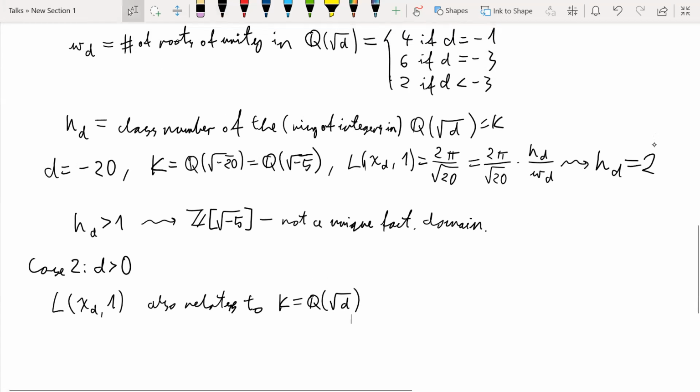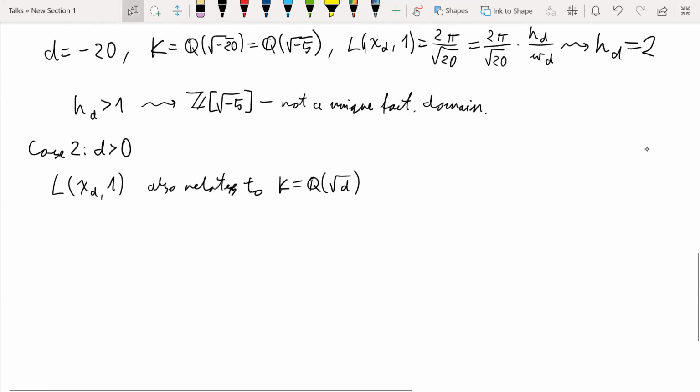So in the previous case, the other quantity that was relevant was the number of roots of unity in this field. In here, it turns out that this field for d positive will not contain any roots of unity apart from 1 and minus 1, because it consists only of real numbers. But the ring of integers that we mentioned above will contain some non-trivial units.